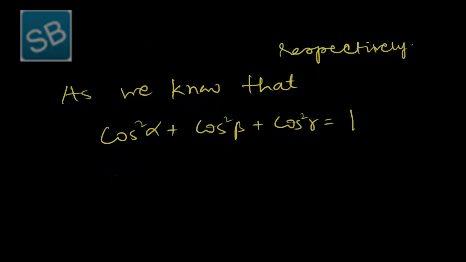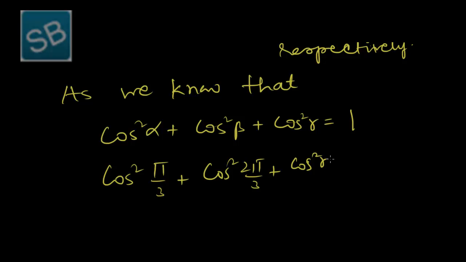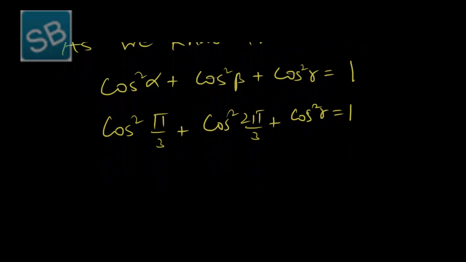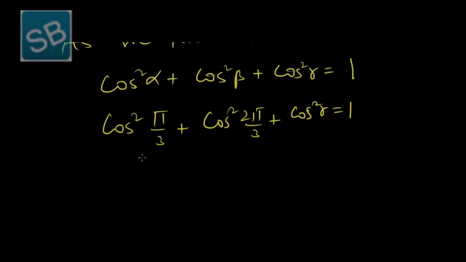So cos squared pi by 3 plus cos squared 2 pi by 3 plus cos squared gamma is equal to 1. Cos pi by 3 is 1 by 2, whole squared.